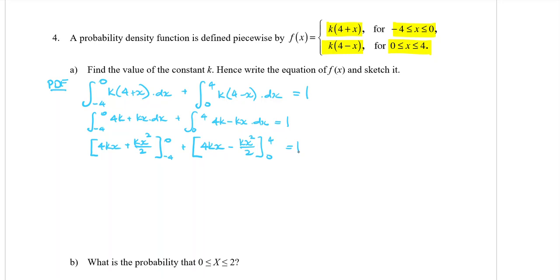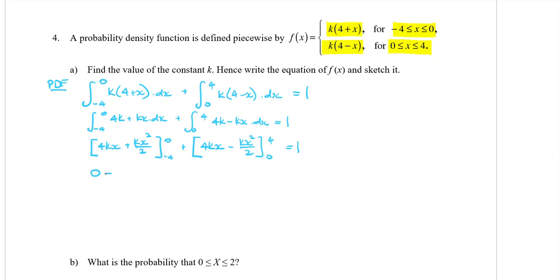Okay, subbing in. When you sub 0 into that first square bracket, is there going to be anything left? 4kx has an x in it, so if you times the 0 in there, that's 0. Kx squared over 2 has an x in it, so that's equal to 0. So subbing 0 in is just going to give you 0.